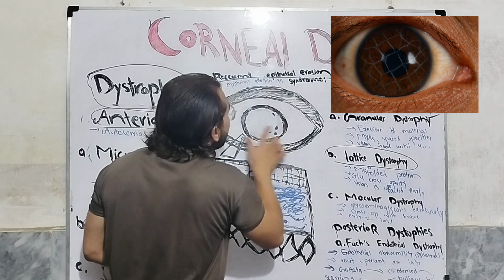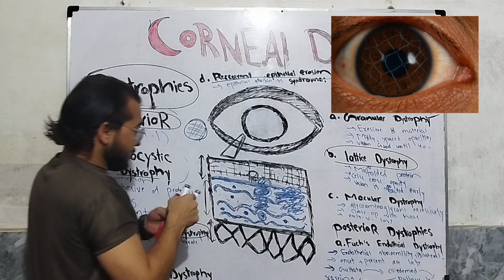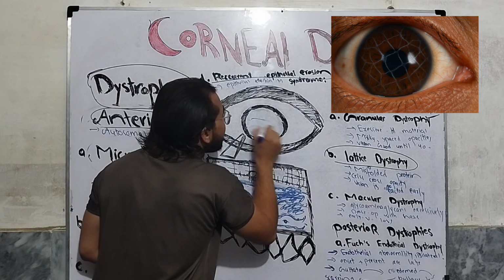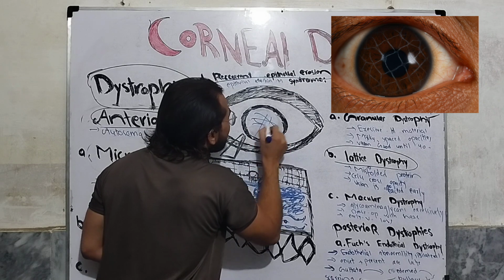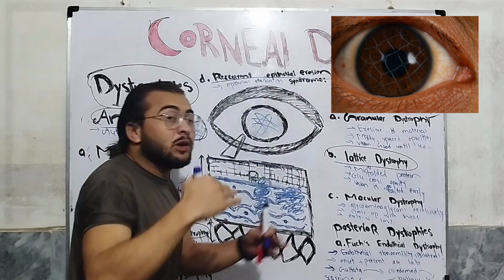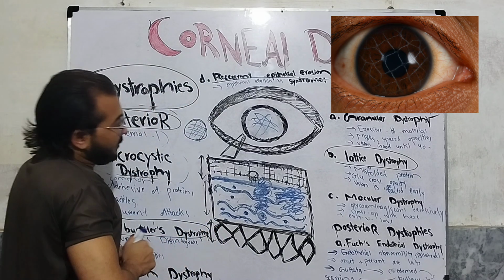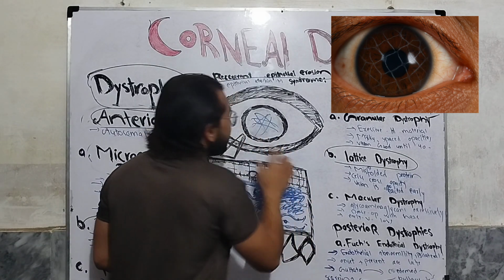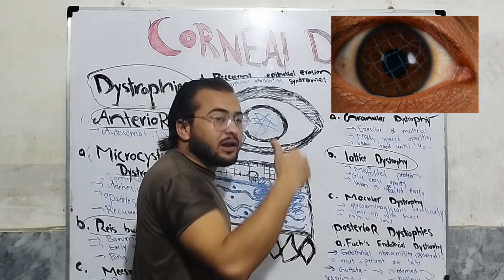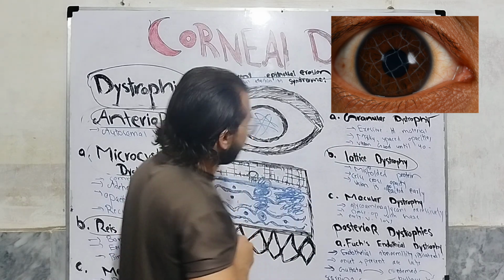So in lattice dystrophy, the opacities will be crisscross. The vision deteriorates early in this type of dystrophy.